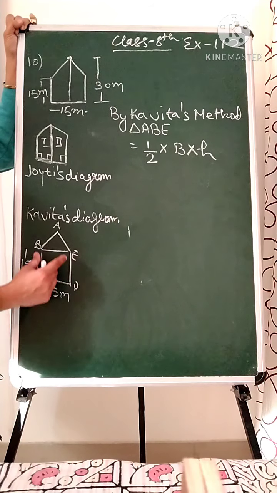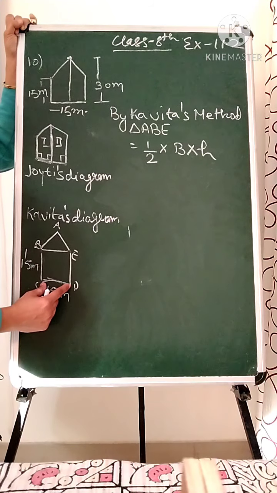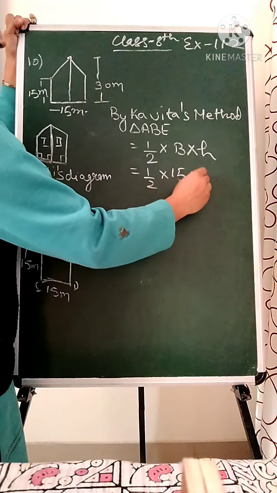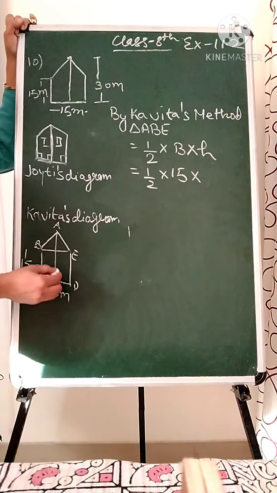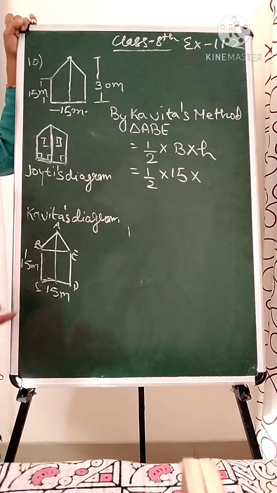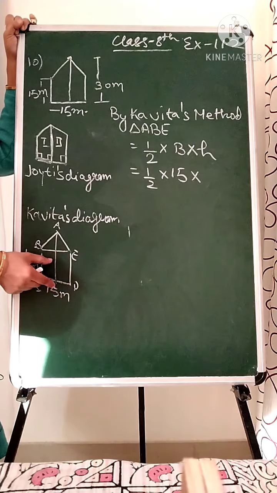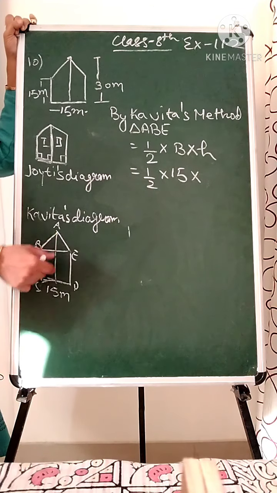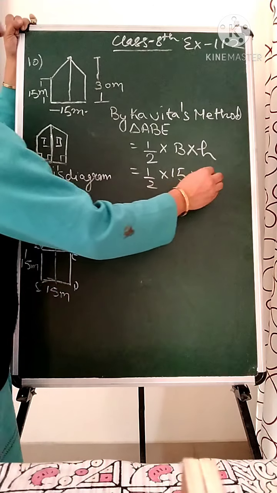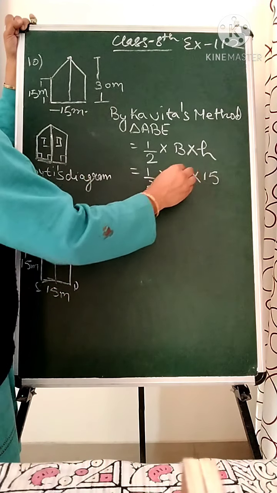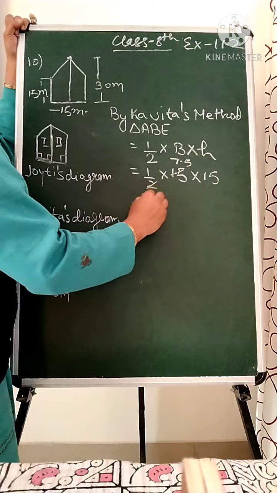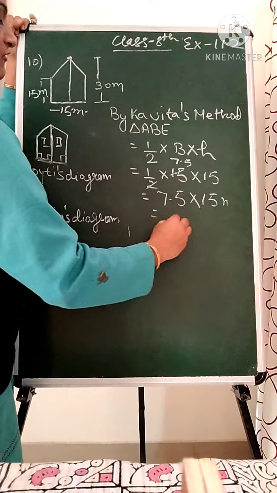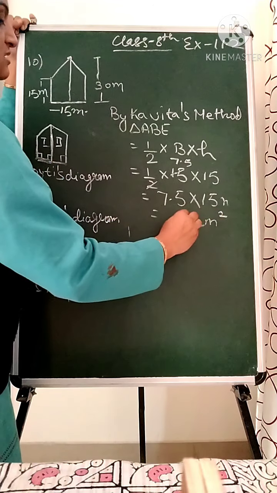Base BE is parallel to CD, so it must be equal to 15, and the height from this point to this is 30, but ED is equal to 15. So 30 minus 15 will be equal to 15 only. Solve this calculation. It's 7.5 into 15. Whatever the answer is coming, it's in meter square.